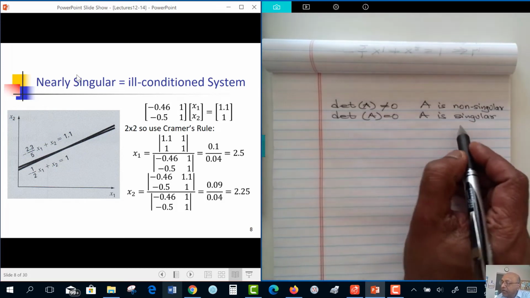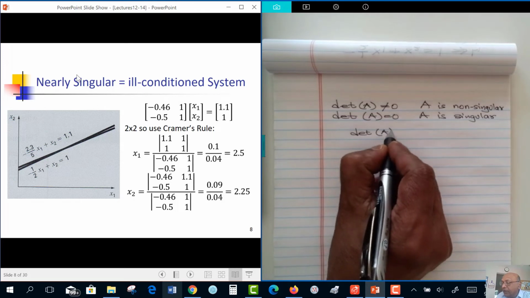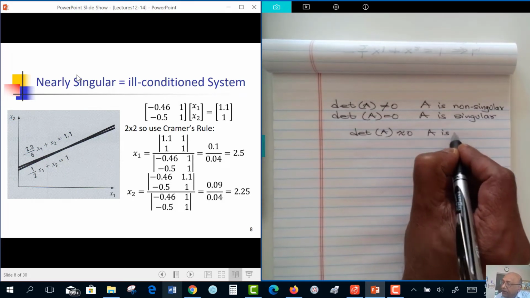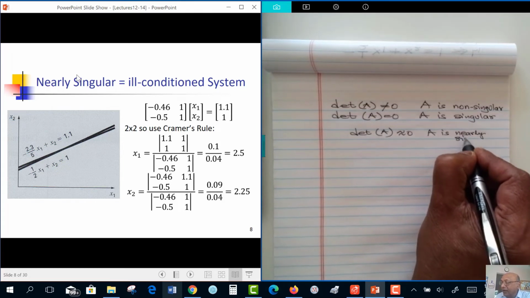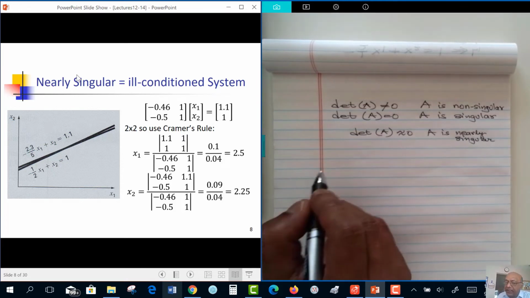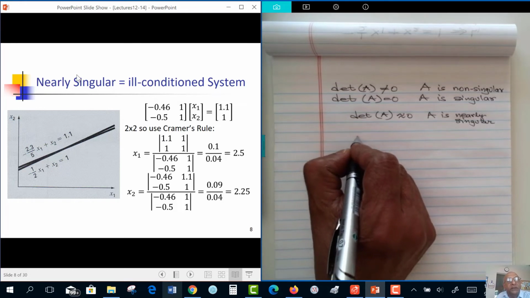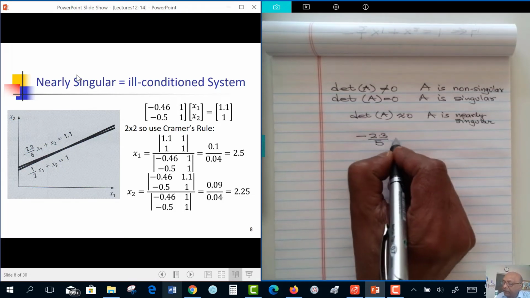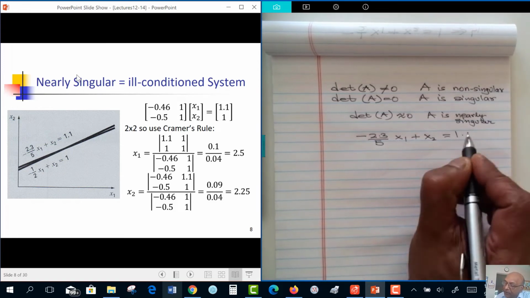So what about nearly singular? Determinant of A is nearly 0. A is nearly singular. Question would be how close to 0? But let's again take two equations, two unknowns. Suppose we have one equation, minus 2.3 over 5 x1 plus x2 is 1.1.